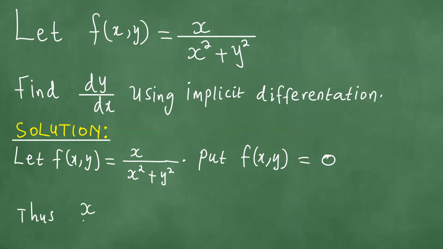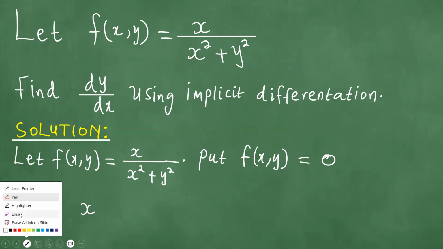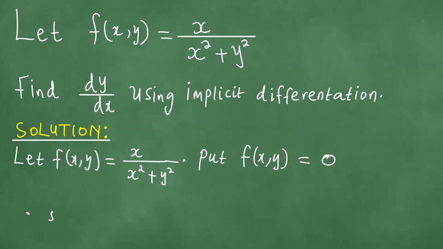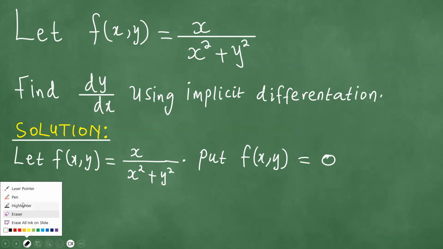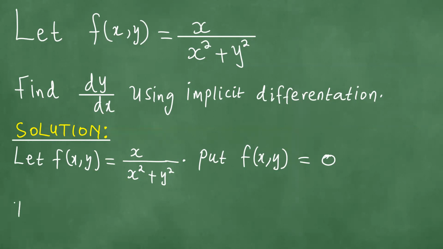Thus, we have that x over x squared plus y squared is equal to 0, like so.